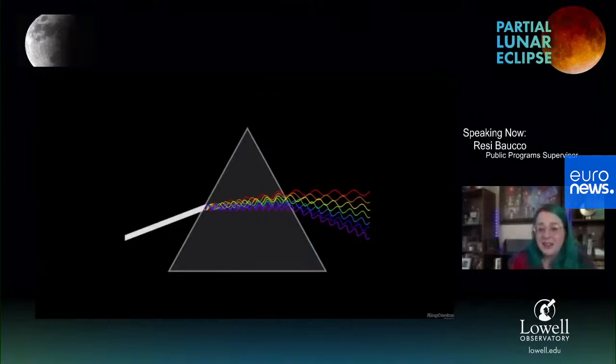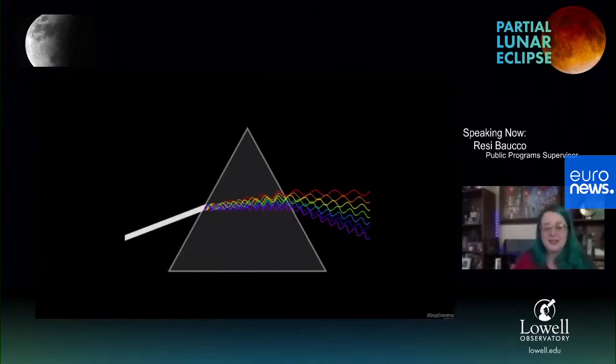And light and colors have different wavelengths. So purple, you can see in this image, is a really, really short wavelength, and it bends a lot more. You can see that the purple there has bent the most, and then the blue light bends second most, and then we see green. But yellow, orange, and red don't bend so much.